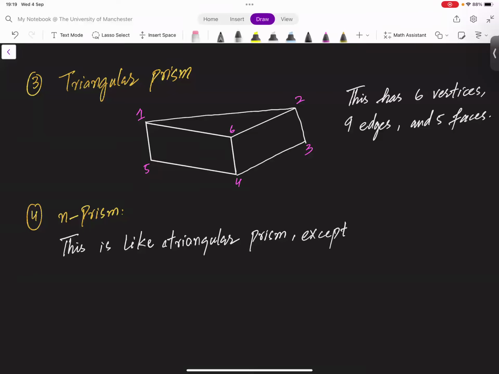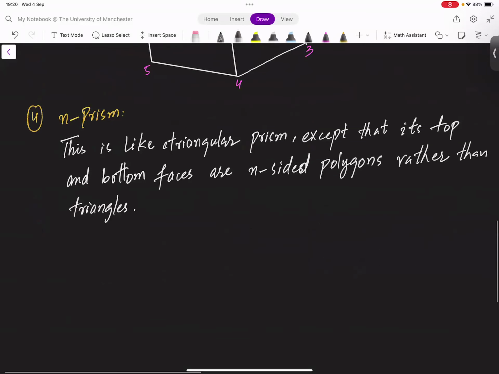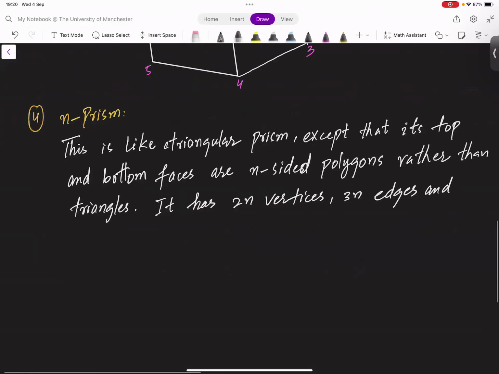It has 2n vertices, 3n edges, and n plus 2 faces.